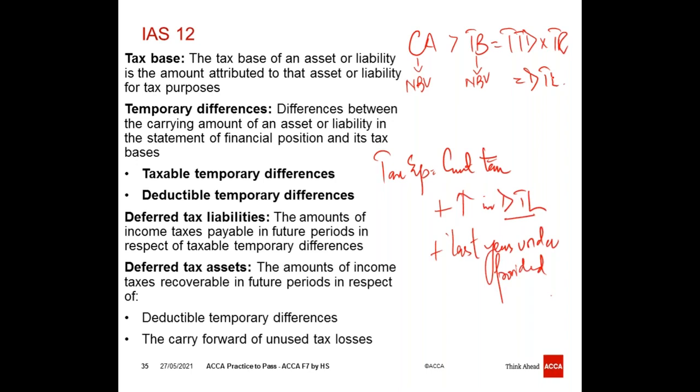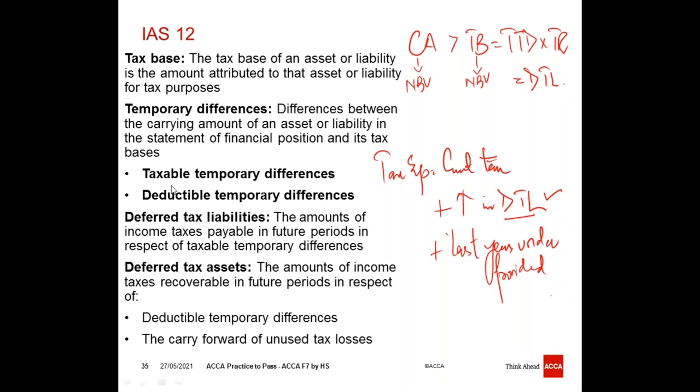When you calculate the deferred tax liability, you need to compare it with the previous year. If there is an increase in the deferred tax liability, it should be added in the tax expense, and if there is a decrease, it will be deducted. There are two types of temporary difference.